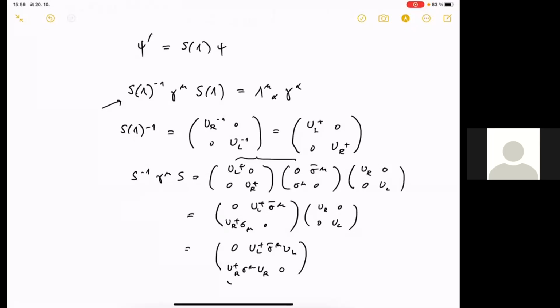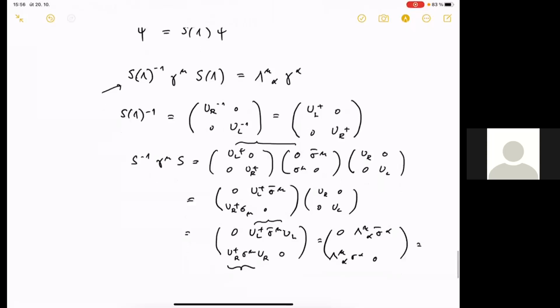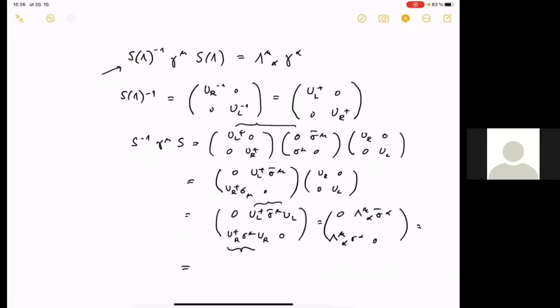And what we get here is the left-hand side of the transformation properties of these sigma matrices. So we know that this is just 0, lambda mu alpha sigma bar alpha, lambda mu alpha sigma alpha, and 0. And pulling this lambda mu in front, we obtain just 0, sigma bar alpha, sigma alpha, and 0. This is nothing else but lambda mu alpha gamma alpha.